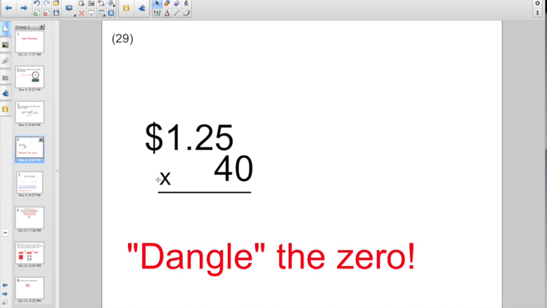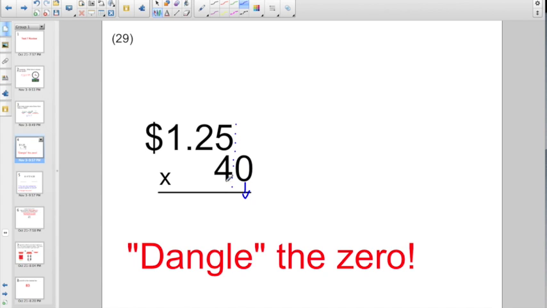The only thing you technically know is to dangle the zero. And where I'm seeing the big mistake, a couple of different ones, some people are just forgetting to bring that zero down. Some people are setting it up wrong. They're putting the zero up on top. Don't even worry about that zero until the very end.